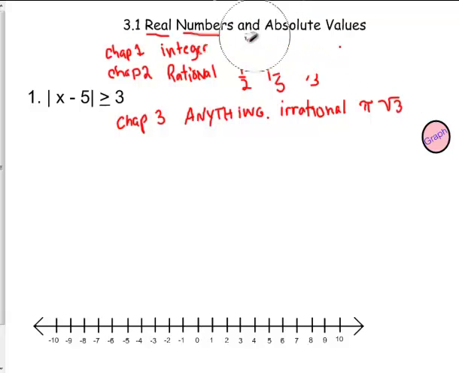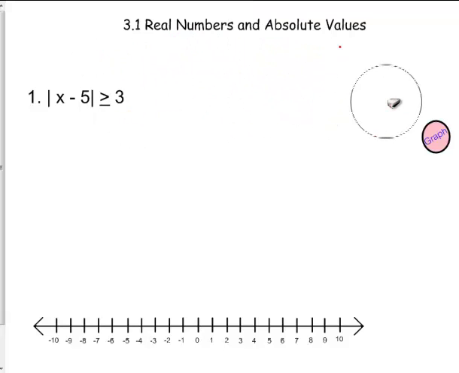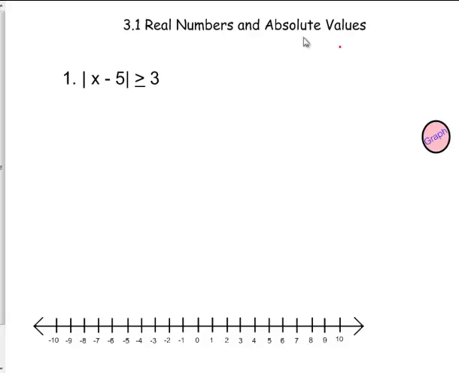So, speaking of review, the chapter starts off with our friend, the absolute value. So we take a little time to review absolute value. And remember, when we solve it, we have to look on both sides of the absolute value. We have to look on the positive side and the negative side. So the positive side is x minus 5 is greater than or equal to 3, x is greater than or equal to 8.